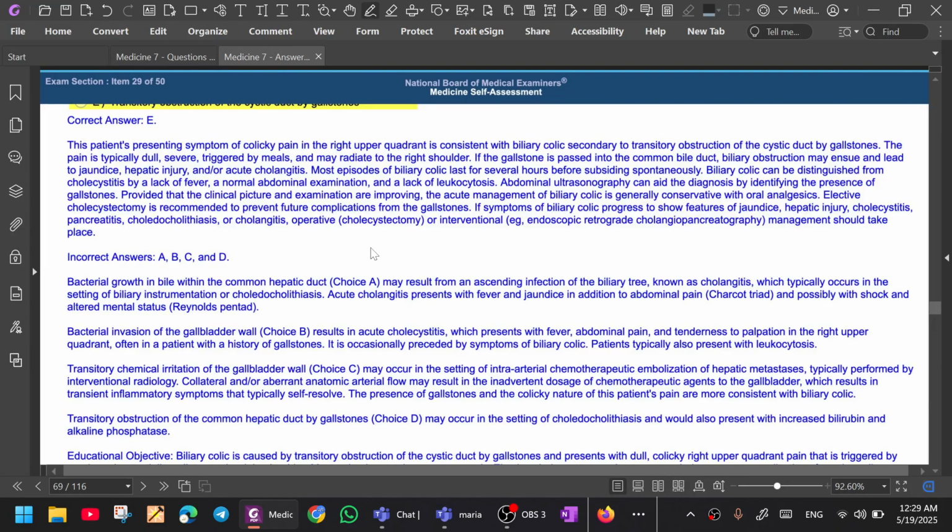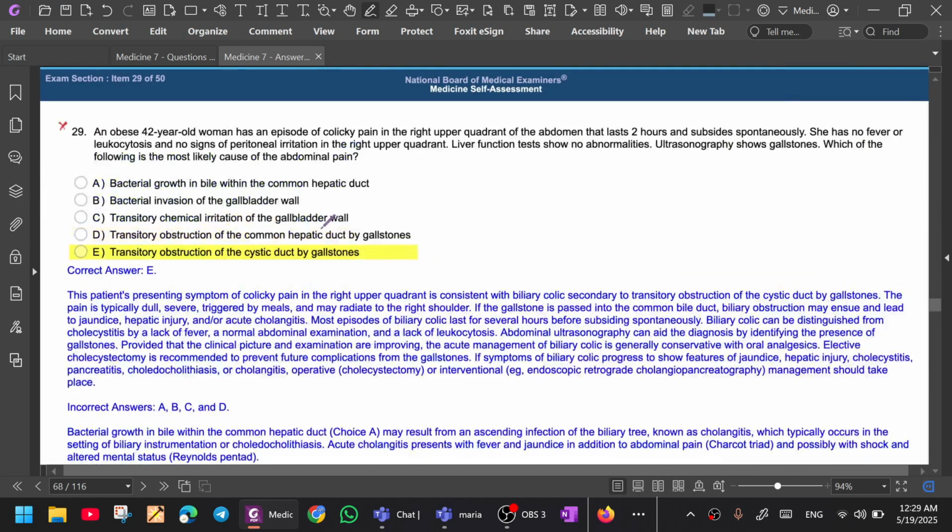So those things, now, this patient has just biliary colic. His obstruction doesn't go all the way down. His obstruction is just right here, the cystic duct. That's why the question said that his liver is fine, pancreas, everything else is fine, because the obstruction is just here.